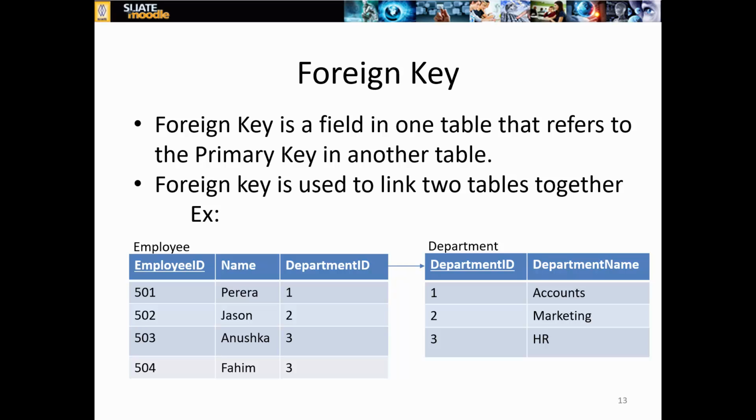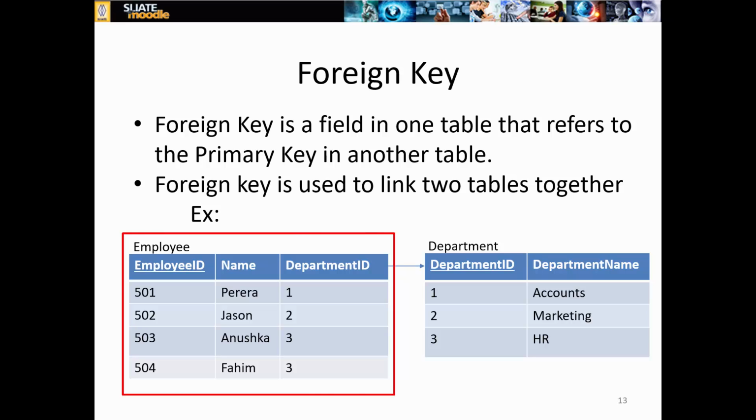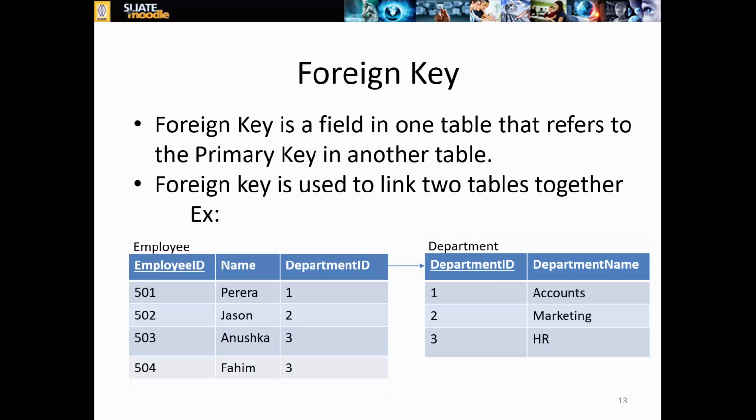As you see in this example, we have two entities, employee and department. In this case, department ID in the department table is the primary key and it is included in the employee table to serve as a foreign key.